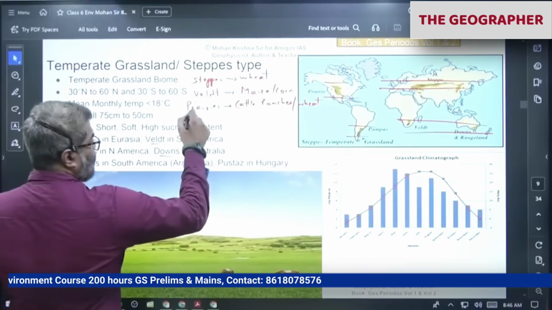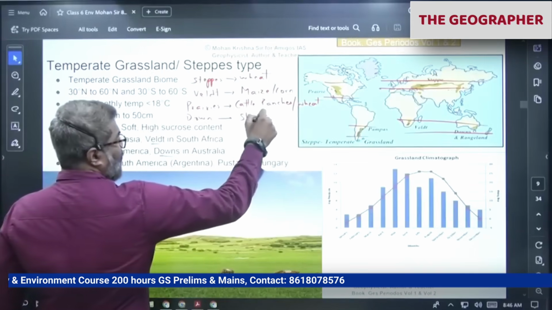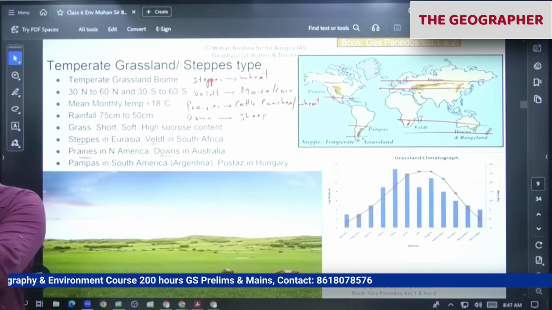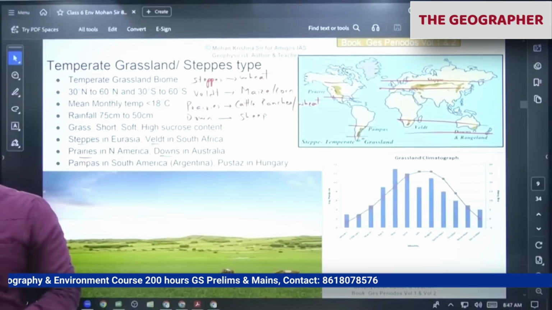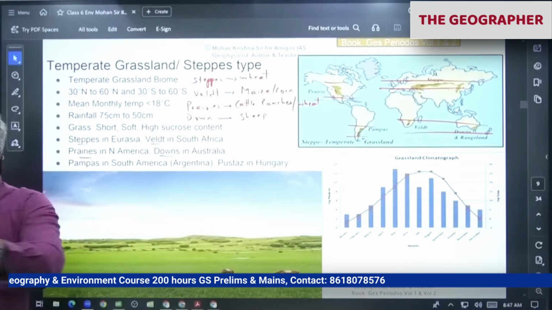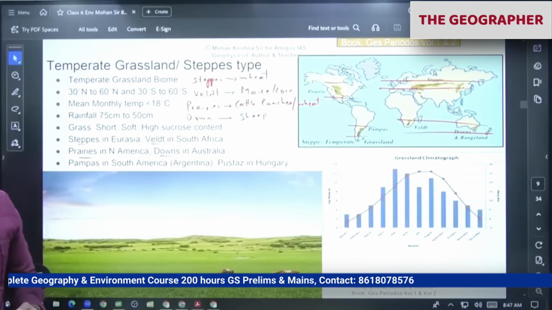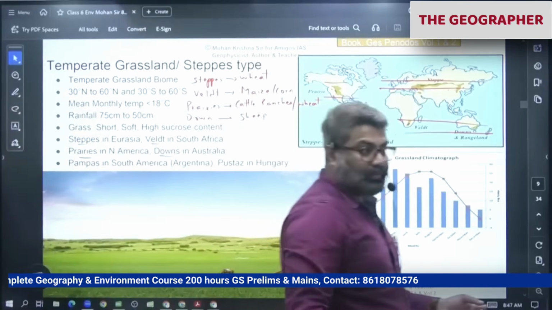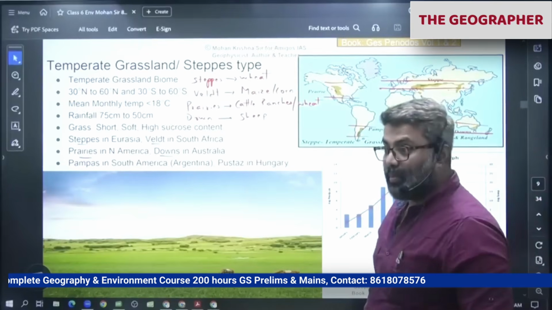Downs in Australia: sheep. Australia is very famous for sheep. There is a variety of sheep called merino sheep. They give very good quality wool that is used in making sweaters. We import this wool, mix it with our wool, and then we make sweaters. Most of the sweaters we make in India are a blend of Indian wool and Australian wool. But the quality of Australian wool is very good.